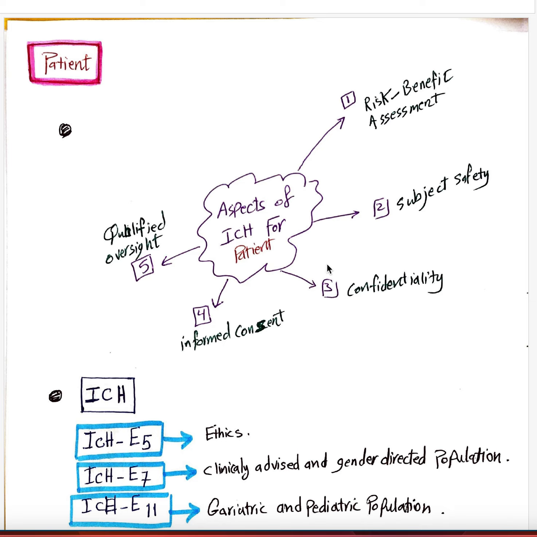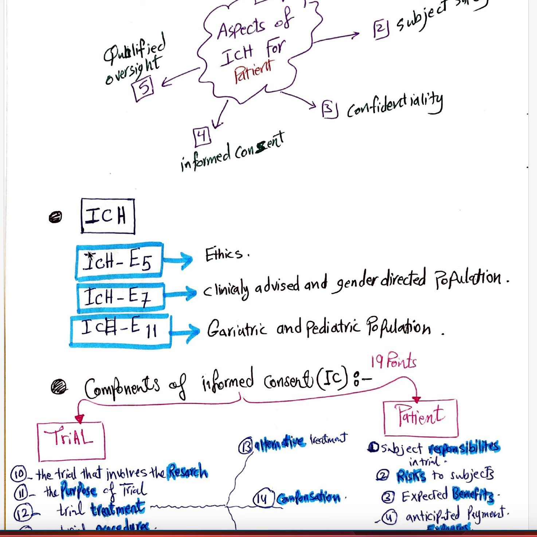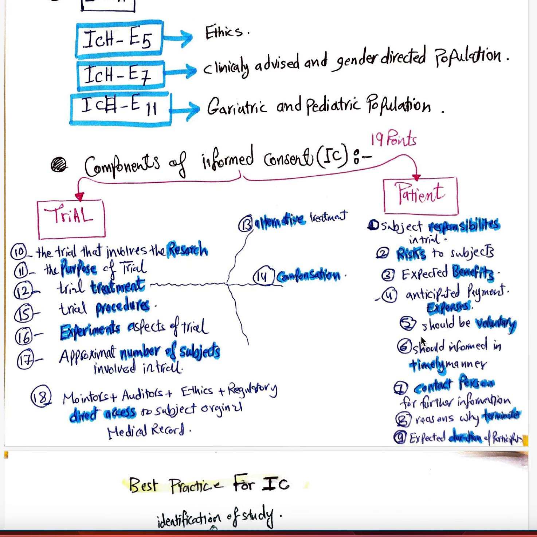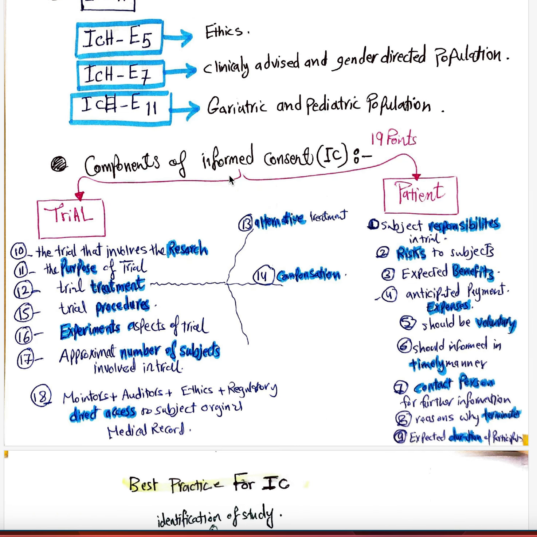So all these aspects are very important. We have ICH E5, which is concerned with ethnic factors, ICH E7 for the geriatric population, and E11 for pediatric populations. And then we have the components of the informed consent, which are the most important questions.